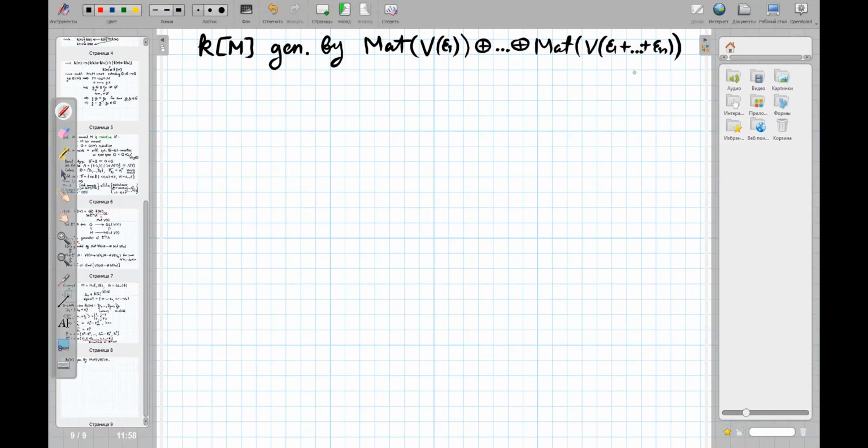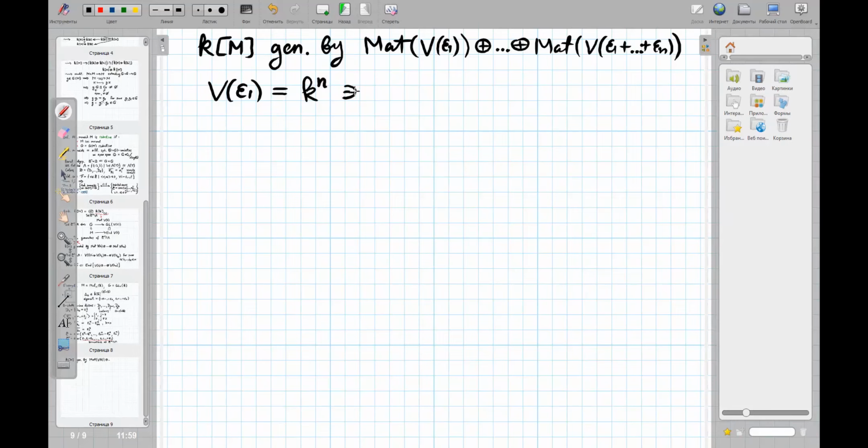But in this case, as I said, the coordinate algebra of M can be generated by a smaller set of matrix entries. We can just take the representation with the highest weight epsilon 1, which is just the standard representation of GLN in the n-dimensional column space, K to the n.